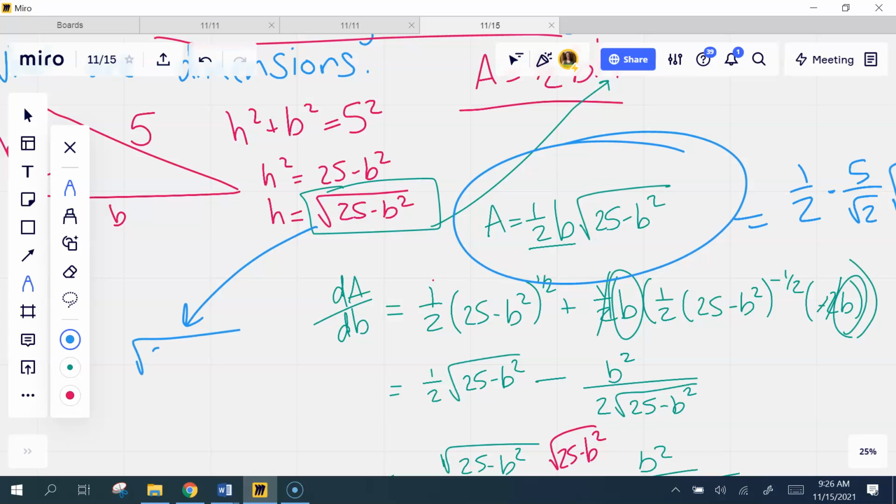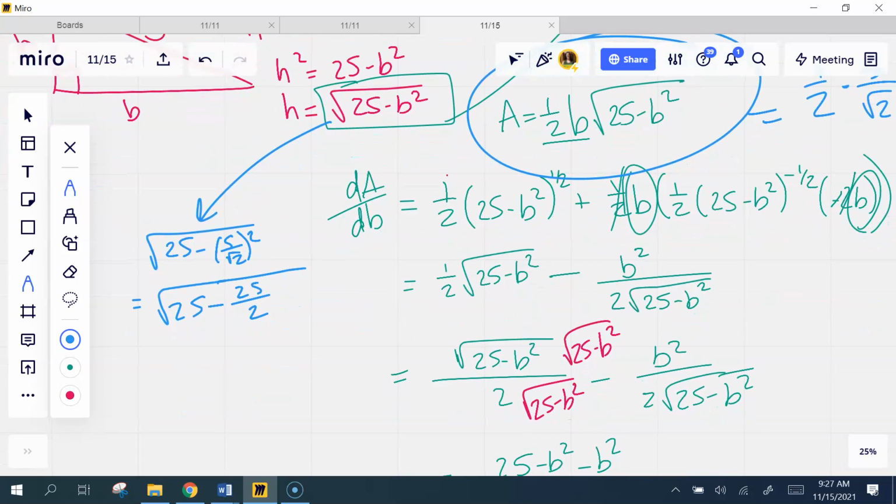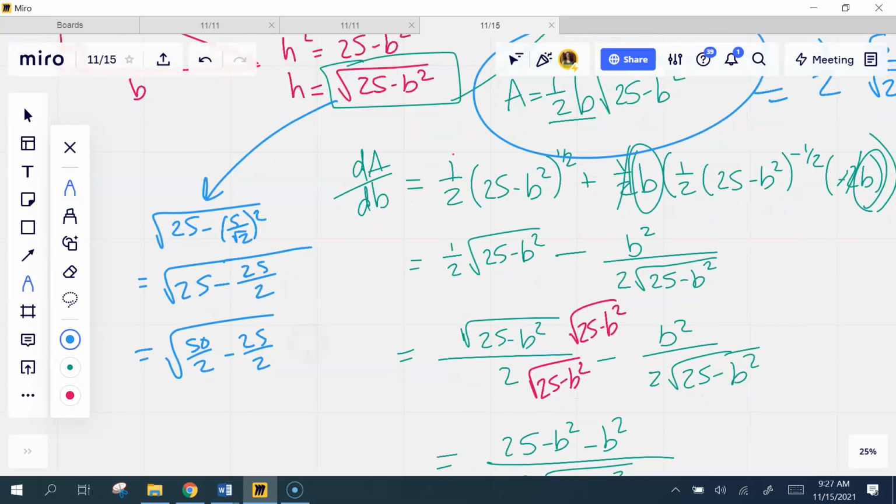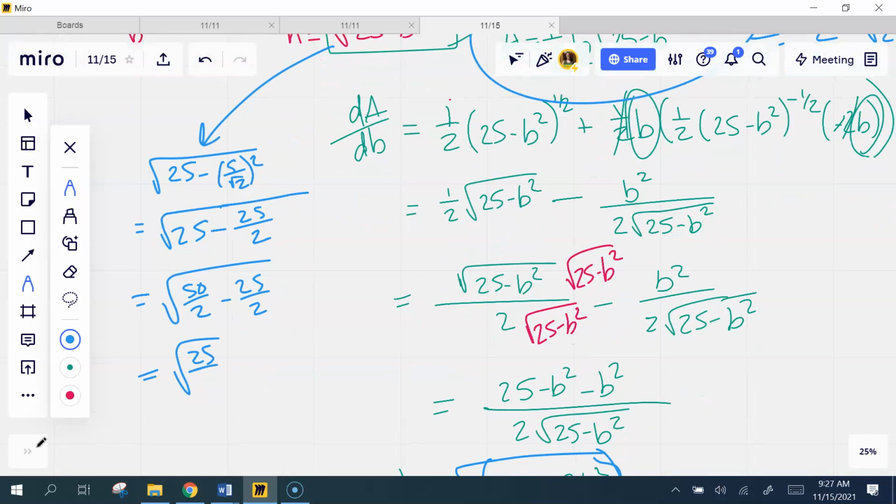So the height is the square root of 25 minus 5 over root 2 squared. 50 over 2 minus 25 over 2 would give me 25 over 2. Ironically enough, this is an isosceles right triangle, so both sides are 5 over square root of 2. It is a 45, 45, 90, which is a special right triangle.